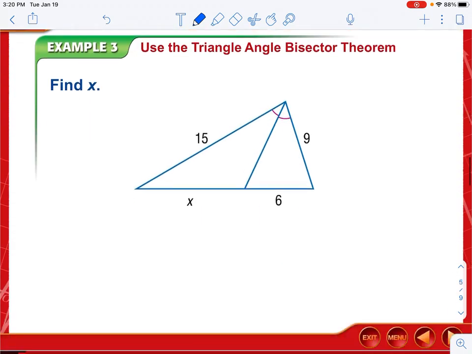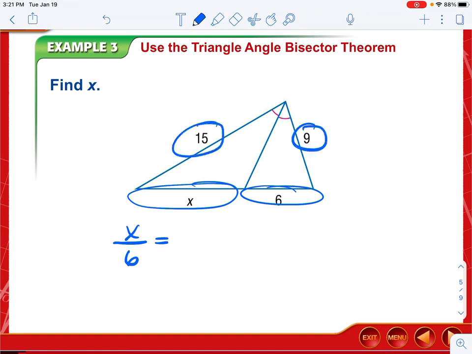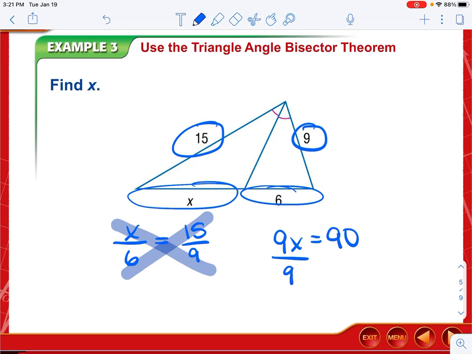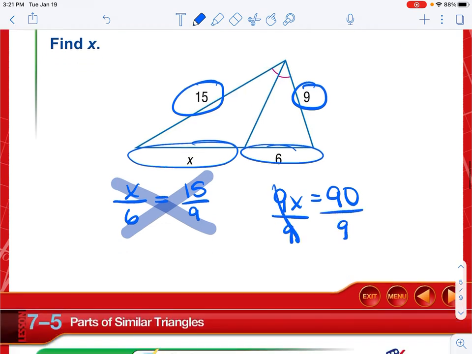So we're going to find x here. We can put these 2 into a proportion. X over 6 must then equal 15 over 9. Cross multiply, you get 9x equals 90. You can solve and get x equals 10.